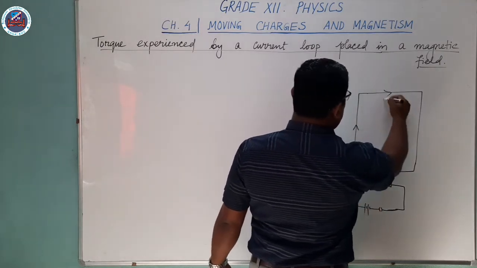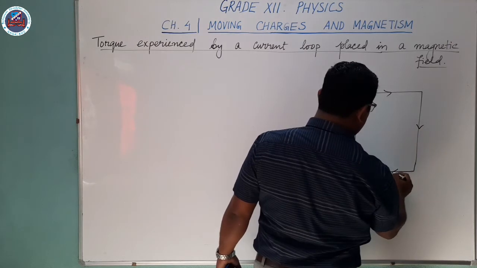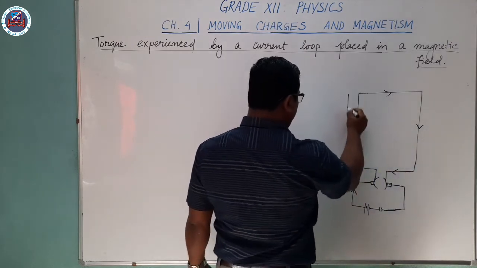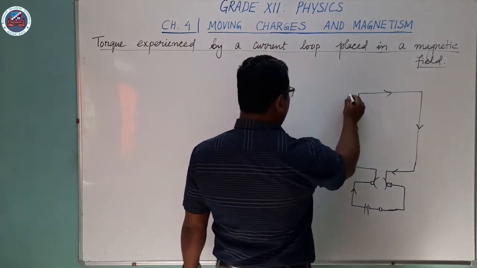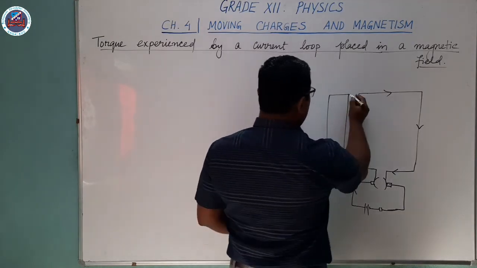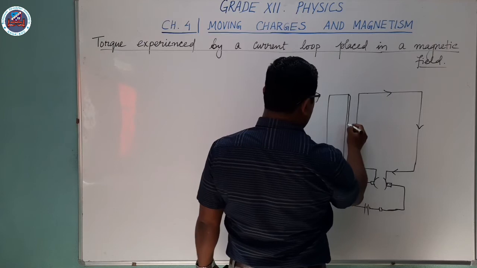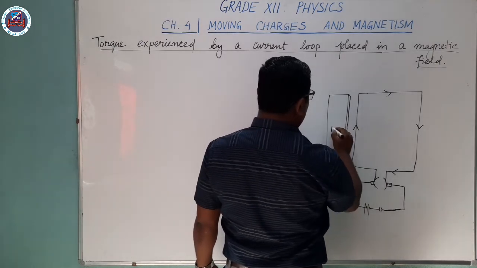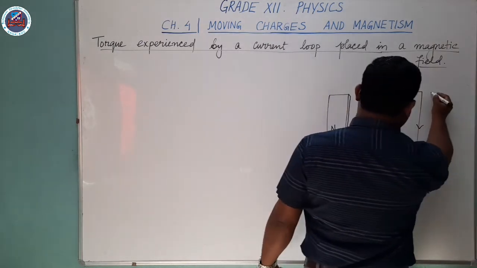When you place this rectangular loop in a uniform magnetic field, suppose this is the north pole of the magnet, and this is the south pole.